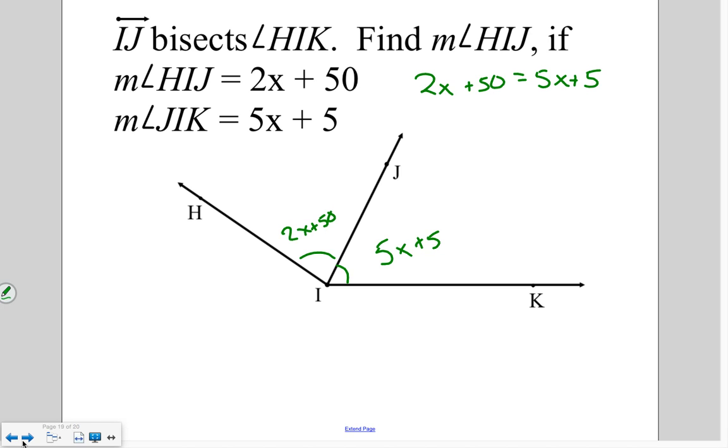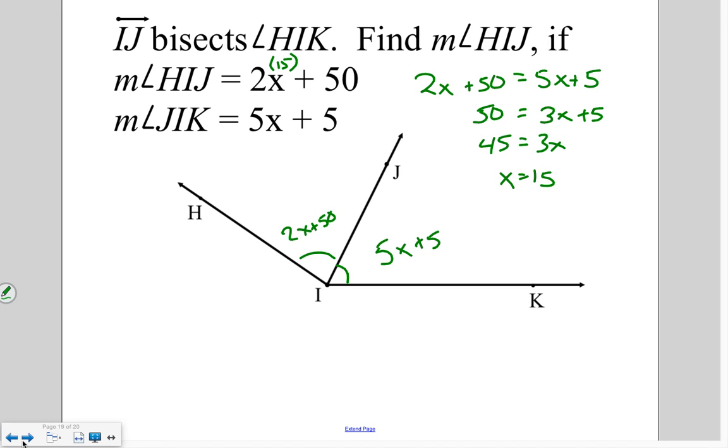Okay, I'm going to keep my x coefficient positive. I'm subtracting 2x from both sides. Subtract 5 from both sides. And then divide both sides by 3. I get x equals 15. Now I just need to find the measure of HIJ, so I'm going to plug that in here.